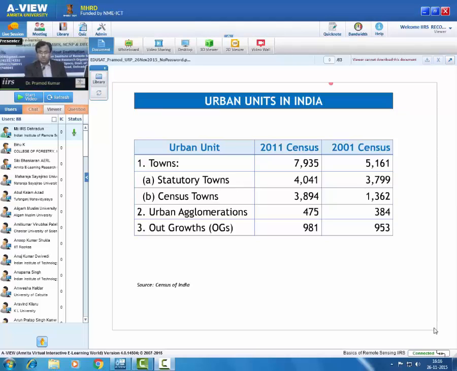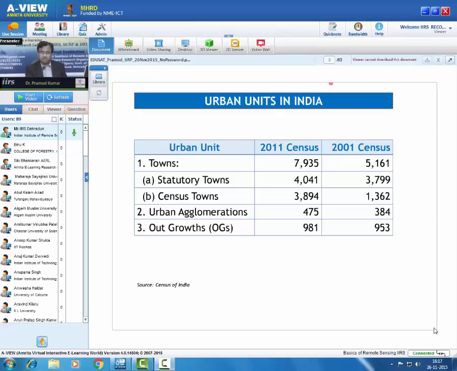As per the 2001 and 2011 census, under the four categories which I have defined in the previous slide, our total towns are 7,935 as per 2011, and as per the 2001 census, this data was 5,161 towns. Among these, statutory towns are 4,041 as per 2011, and as per the 2001 census it was 3,799.